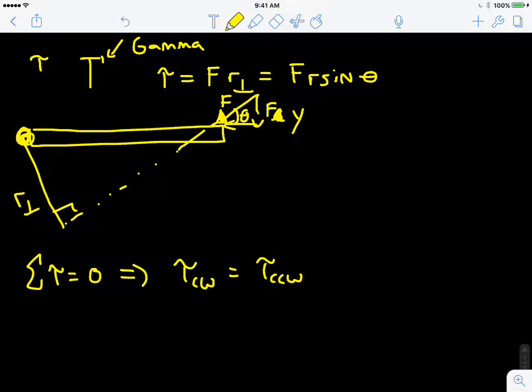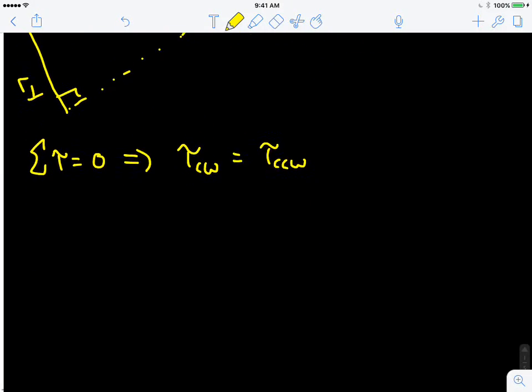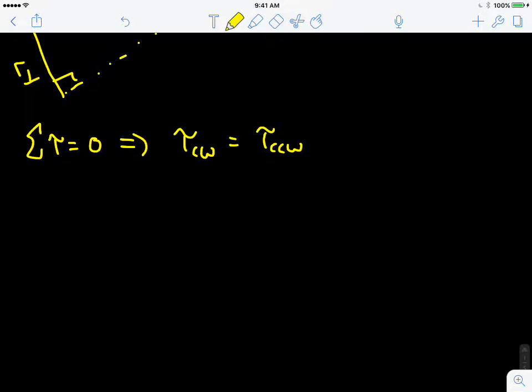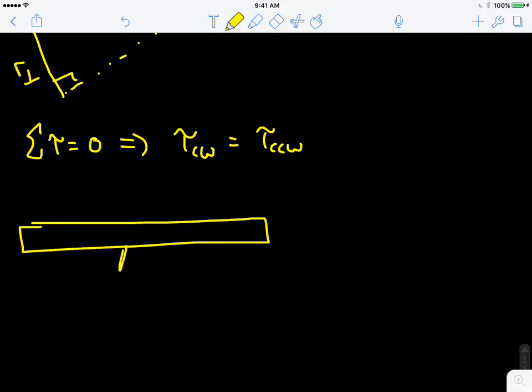So if we look at an example here, we have a seesaw-like device. We have a fulcrum in the middle, and we have a box on this side, I'll call this M2, and then a box on this side, this is M1.